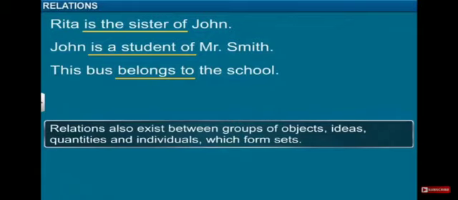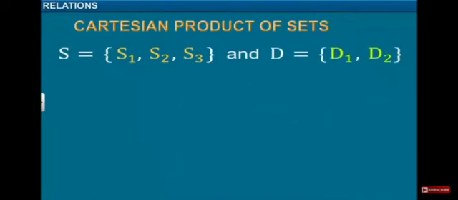So in mathematical language, to understand the relation, first of all we recall the topic of Cartesian product of sets. So here S is equal to {S1, S2, S3} and D is equal to {D1, D2}.